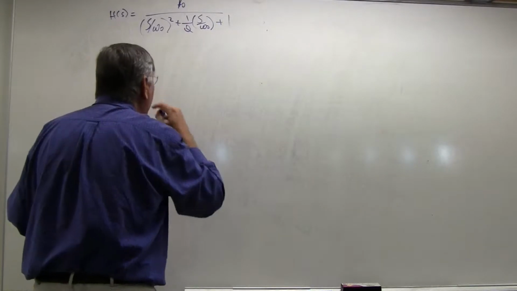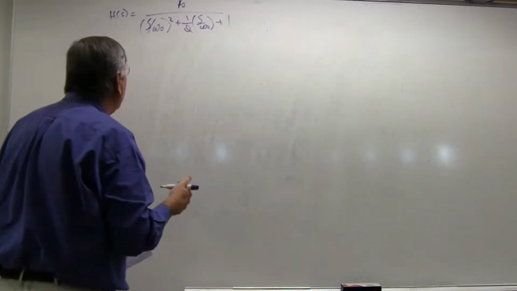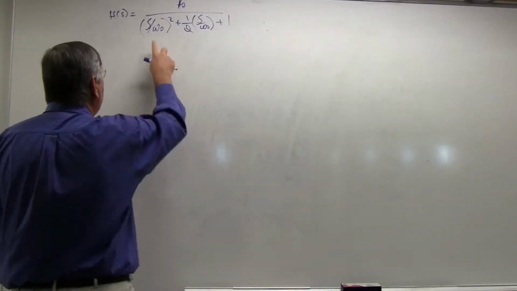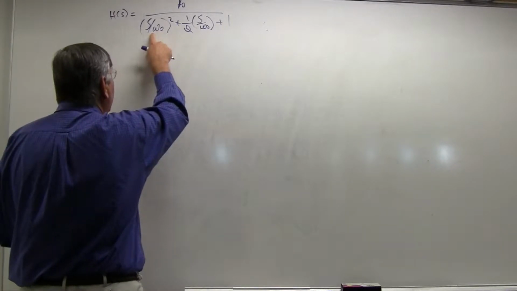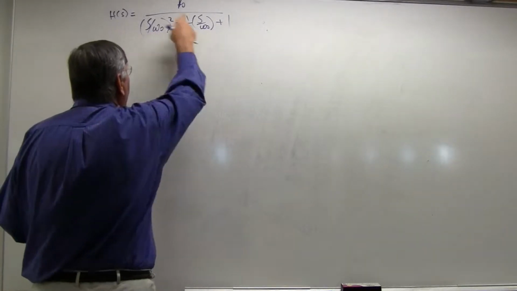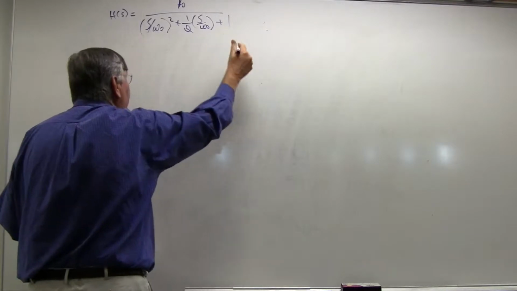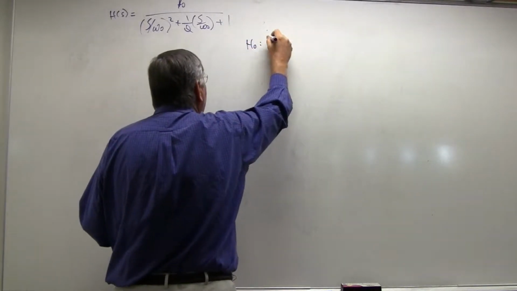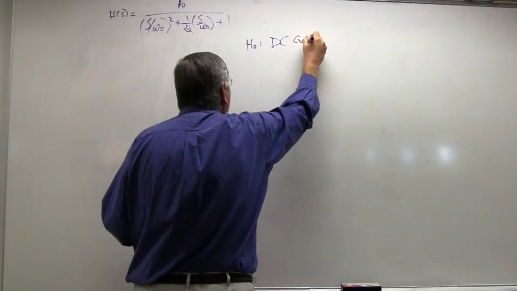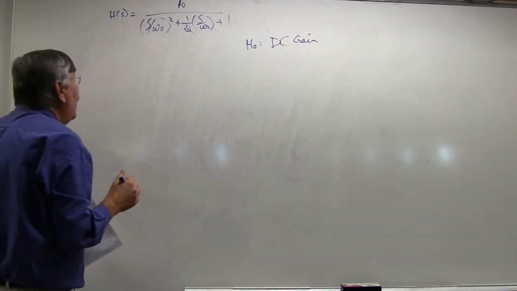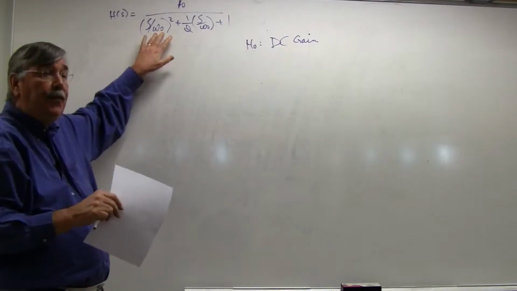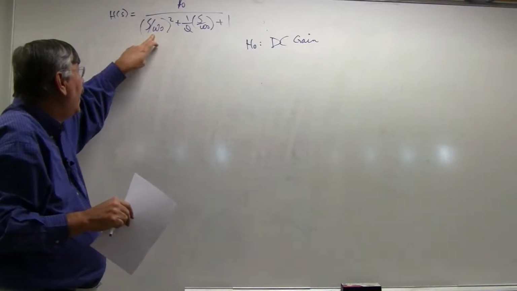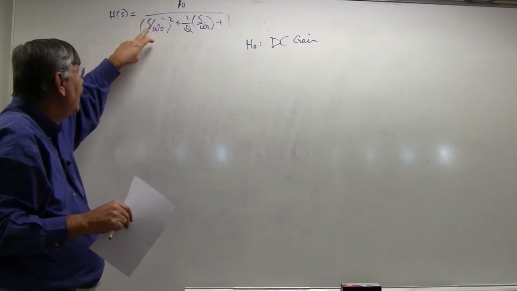We can evaluate this doing a simple Bode plot evaluation. At sufficiently low frequencies, where s equals j omega and omega is real small, this will just evaluate to H0. So H0 is the DC gain. And at very high frequencies, s equals j omega is very large.